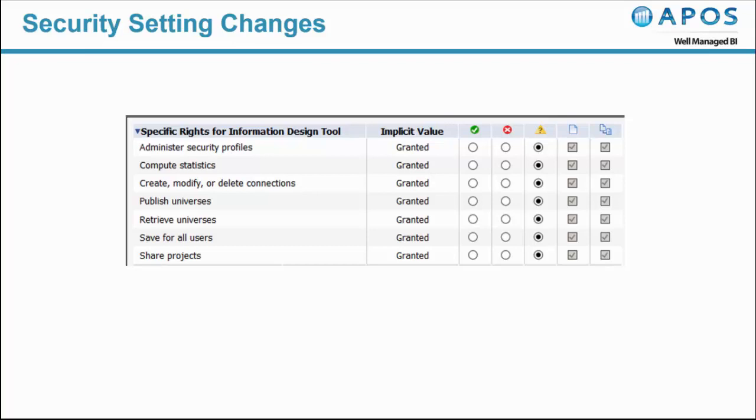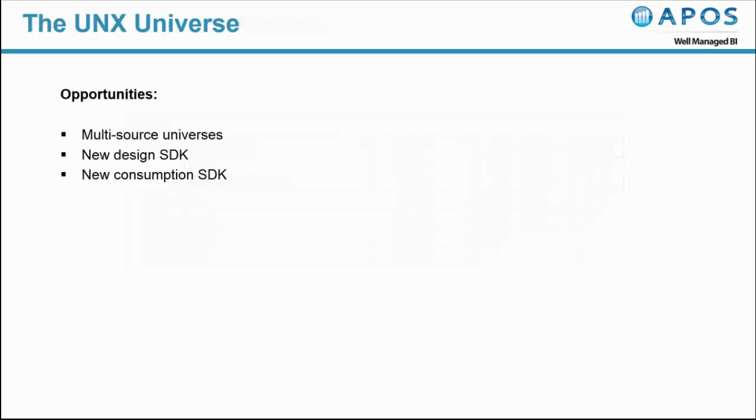Compute statistics. That's another security setting we're going to have on that's going to be required if we're going to be using multiple connection UNXs. And then finally, share projects. This is going to be required for sharing and syncing layers after you publish a project. So just to be aware of some of the security changes you might not think about right away will have to be addressed.